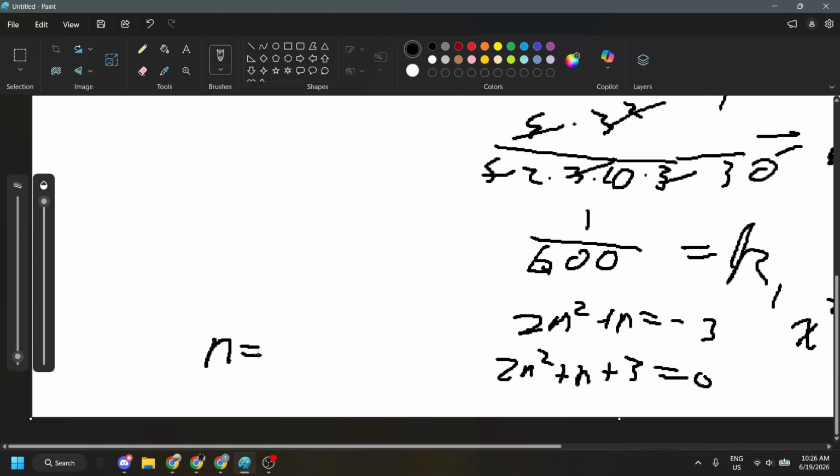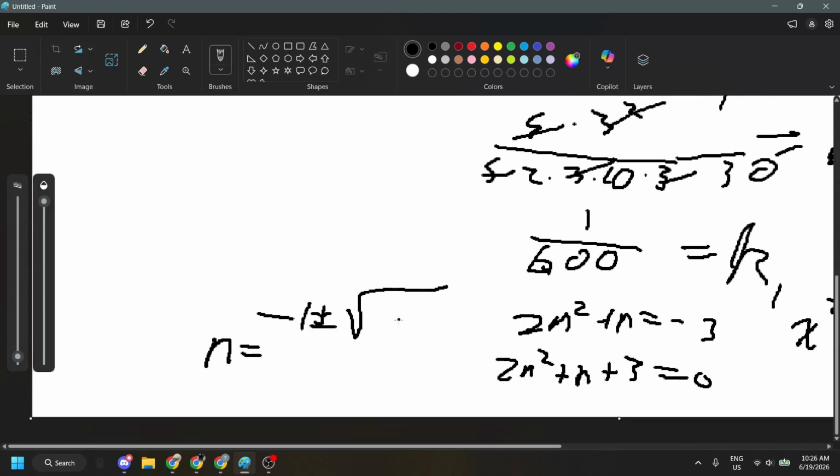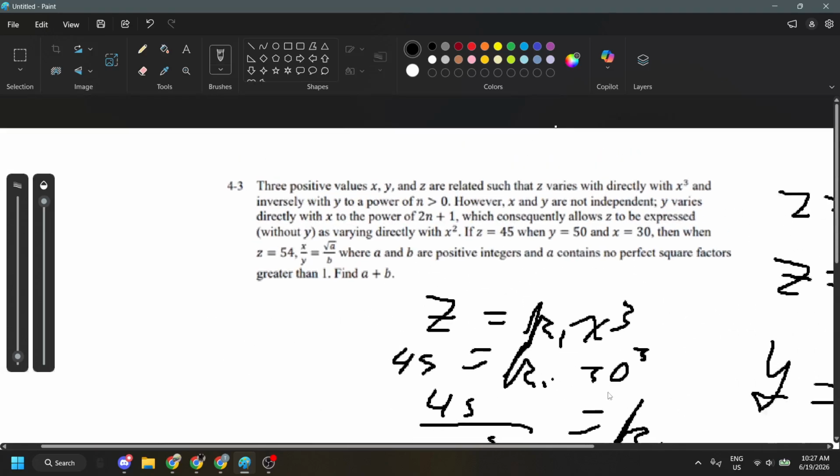So n is equal to -b plus or minus the square root of b squared minus 4 times 2 times 3. I'm not doing this right. I am not doing this correctly.